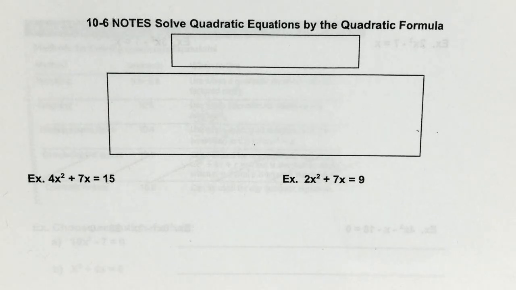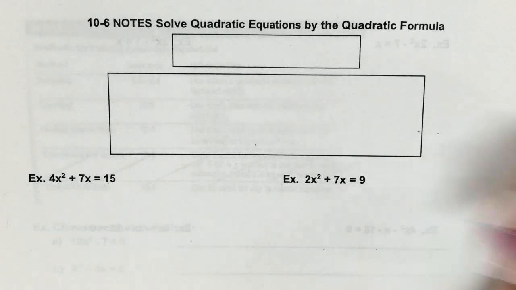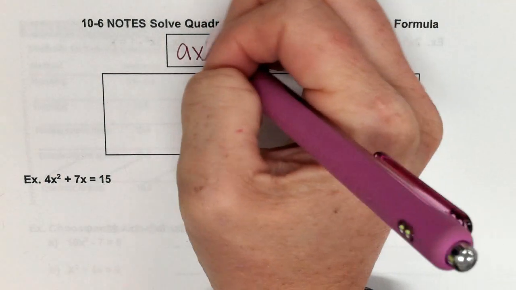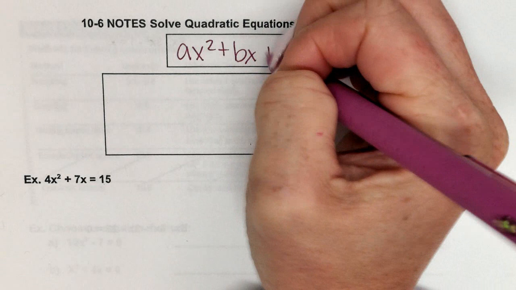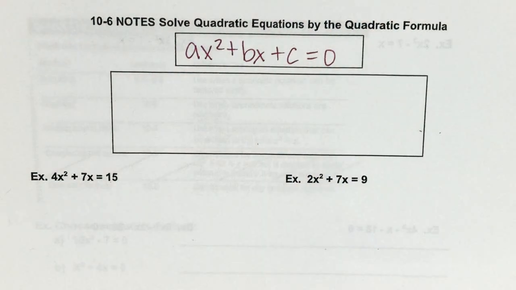At the top, put your quadratic in standard form, which is ax squared plus bx plus c equals 0. Remember that when we're solving a quadratic, we're actually looking at where the parabola will cross the x-axis.